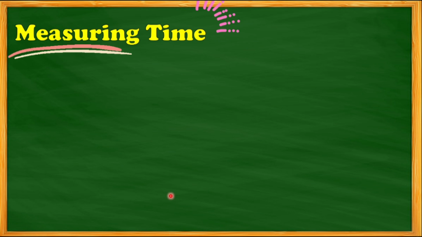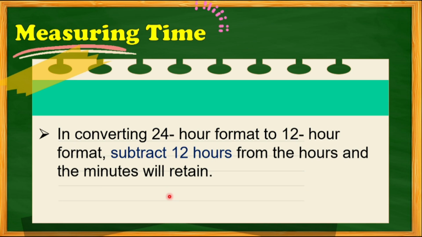And let's have some idea. In converting 24-hour format to 12 hours, you need to subtract 12 hours from the hour and the minutes will be retained.